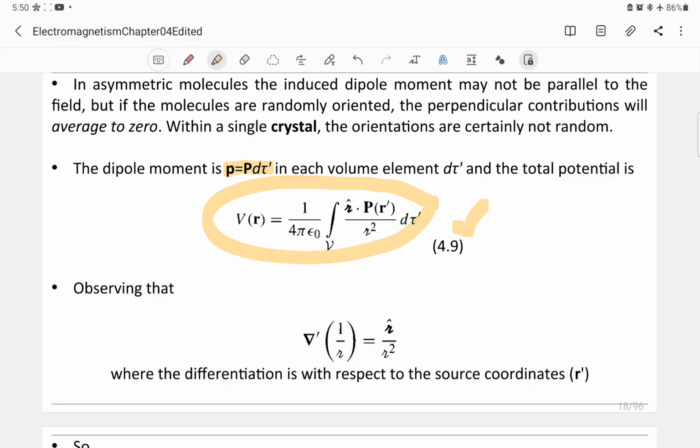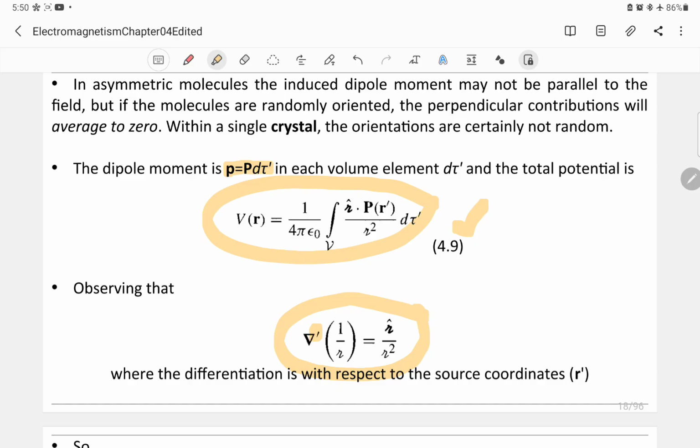So we have here from previous lectures that the del of 1 over r is just the unit vector divided by r squared. Of course, the differentiation is with respect to the prime coordinate.